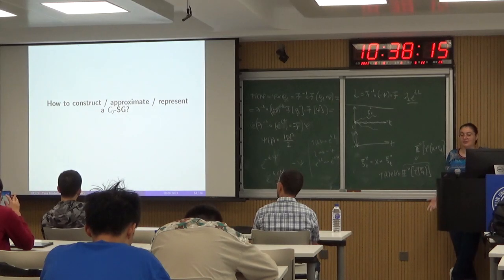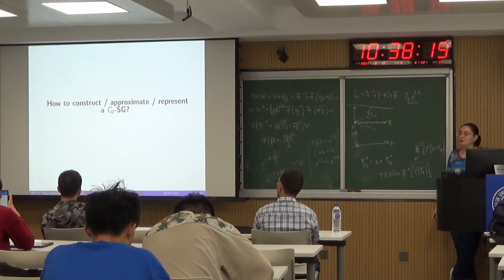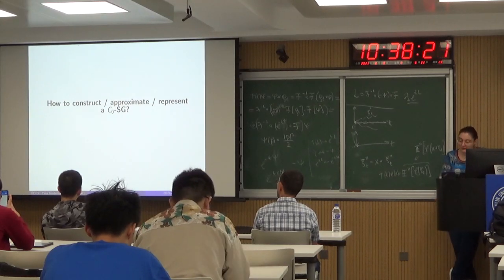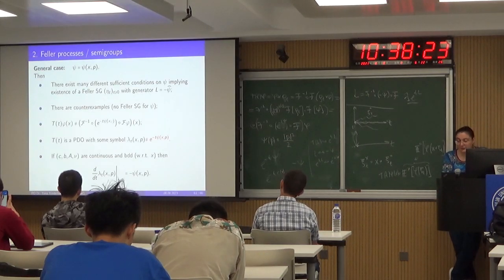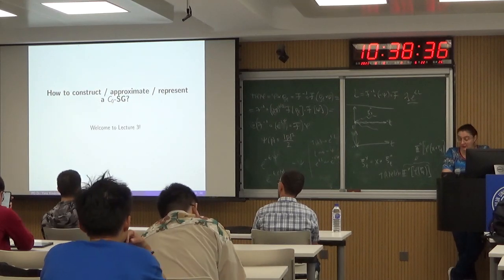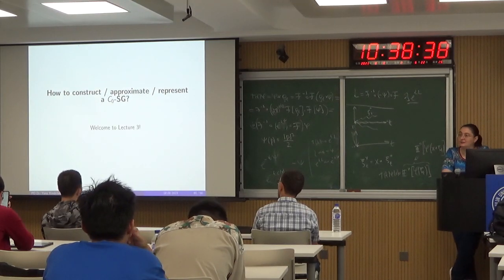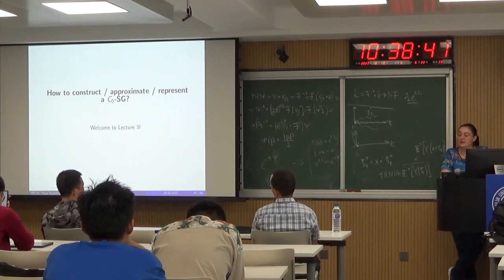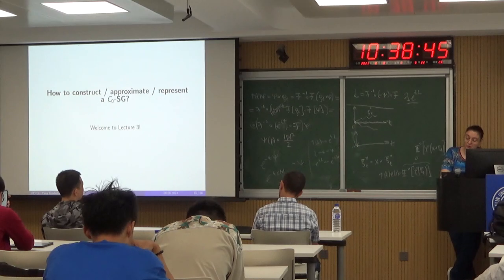The natural question arises how to construct, approximate, and represent a strongly continuous semigroup, in particular a Feller semigroup, in this general case, where even if the Feller semigroup exists, we know only this. This leads to lecture number 3, where we will discuss classical and less classical methods for construction, approximation, and representation of a semigroup.